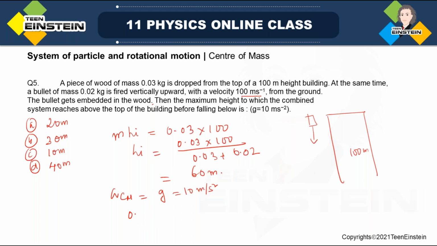So initially only this was there, like when it was just dropped. I'm just considering now the initial velocity of the combined bullet and the wooden part, u.